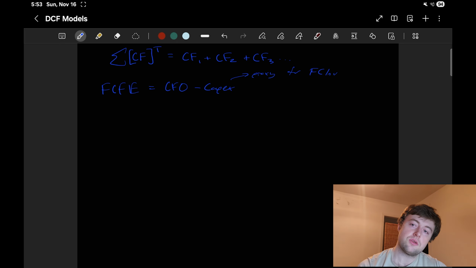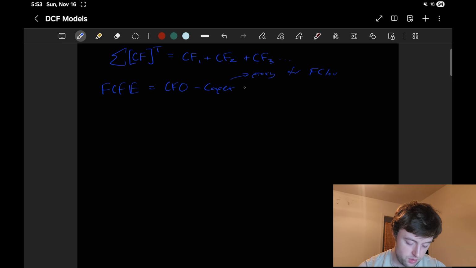So CapEx is short for capital expenditures, and it's kind of the complement of the working capital investments that you'd make. So working capital is going to be the things that you invest in for the benefit of this year, and then fixed capital investment are long-term investments.